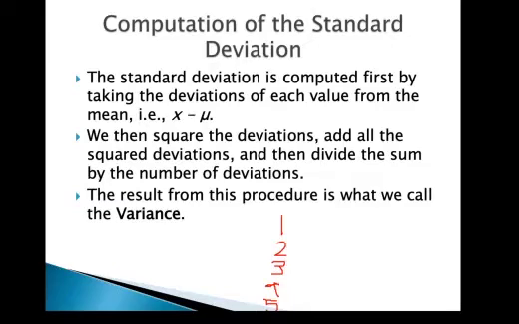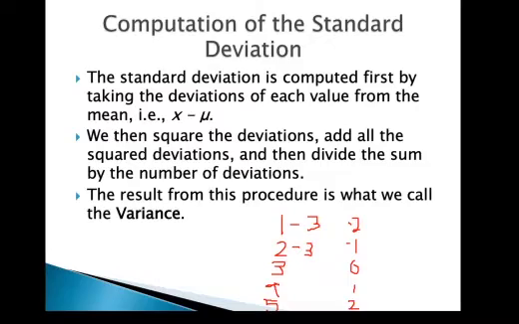So 1 deviates from the mean by negative 2. 2 deviates from the mean by negative 1. 3 deviates from the mean by 0. 4 deviates from the mean by 1, 4 minus 3, and 5 by 2, 5 minus 3.